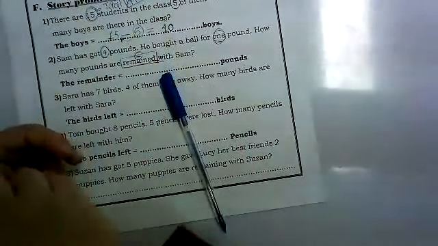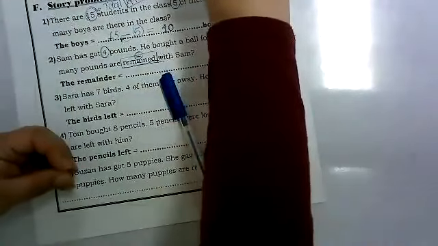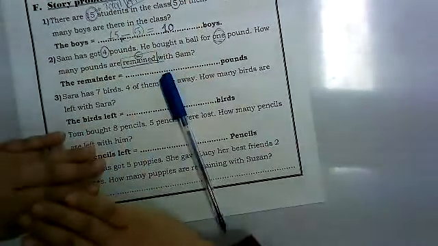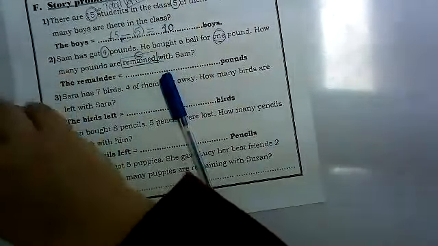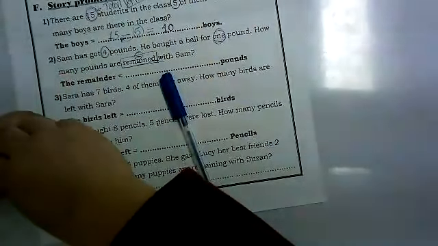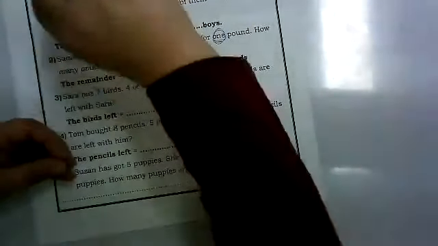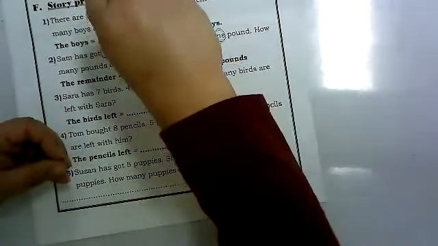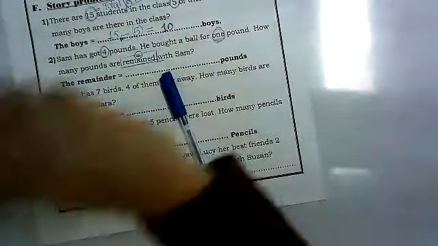He takes away from his money and pays the price of the ball. So his money is getting smaller. He has 4 pounds in his bucket and he took away from his money to pay the seller the price of the ball.